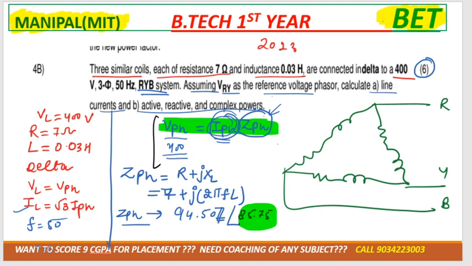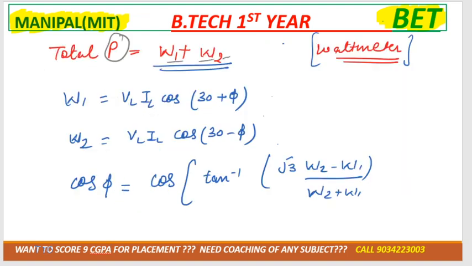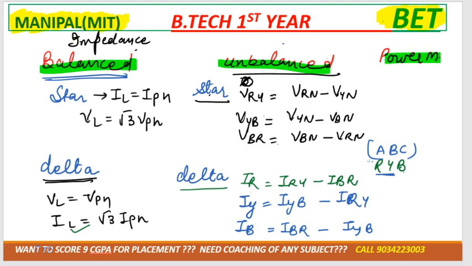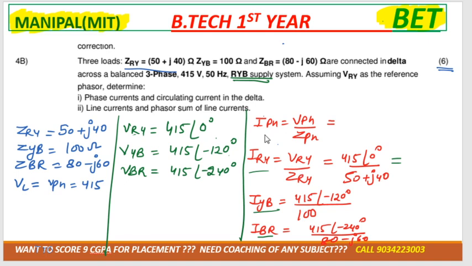So remember the formula which I told you? Basically these are the line current and these are the phase current. Correct? So from these you can get phase current and you can get line current.